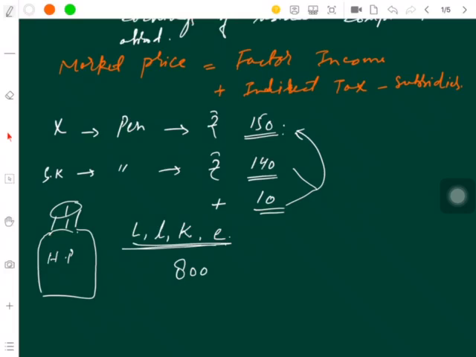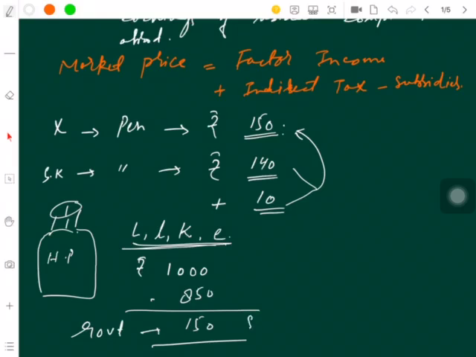So we will make it some more in order to incorporate. This all becomes equal to 1000 rupees, but we get it for 850 rupees. The remaining 150 rupees are being paid by the government, given to us as subsidy.